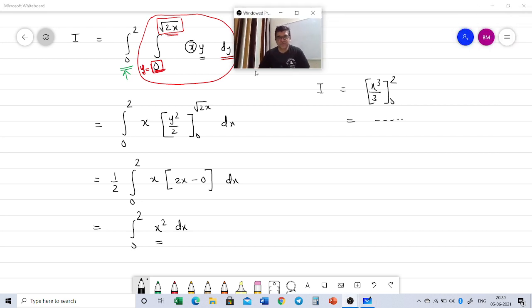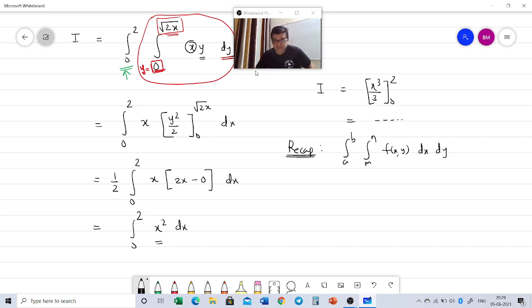So friends, I hope you understand the basic idea of evaluating double integral, right? So let me quickly recap. What are the important points? See, when both the limits of integrals are constant, order of integration doesn't matter much.